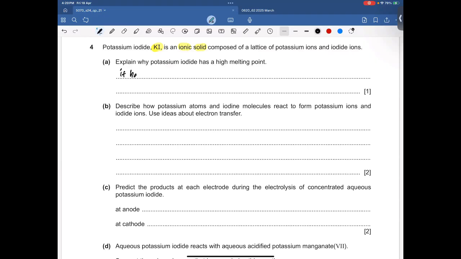It has a giant ionic lattice, with strong electrostatic attraction between cation and anion, between potassium ion and iodide ion.